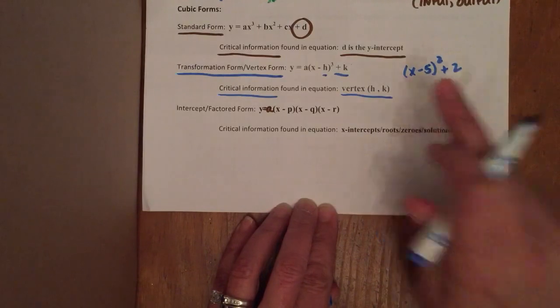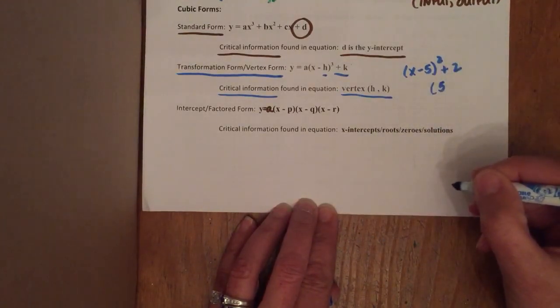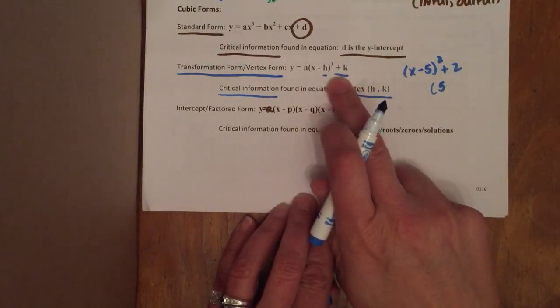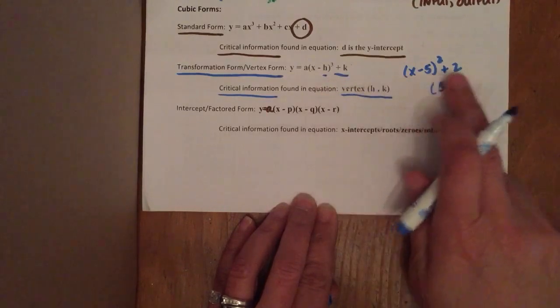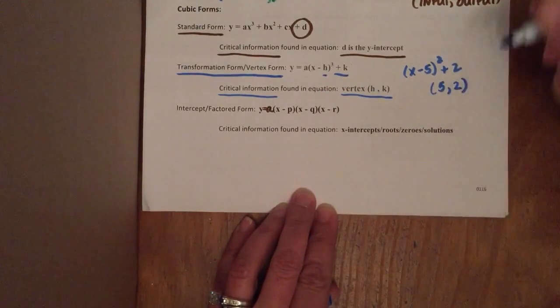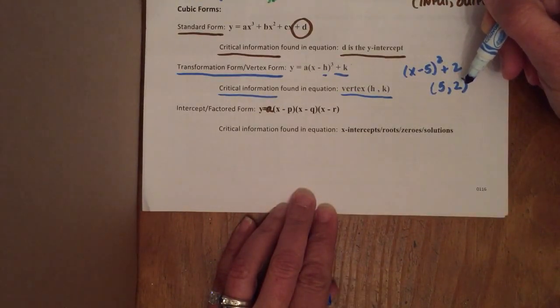So it's not going to be negative 5. My h value would be positive 5. The k value, however, is going to take on the same sign that is in front of it outside, because the k value is added. Whatever is being added here is your k value. So if it says plus 2, your k value is plus 2. If this were to say minus 2, your k value would be minus 2.